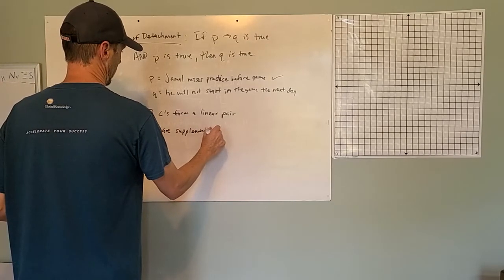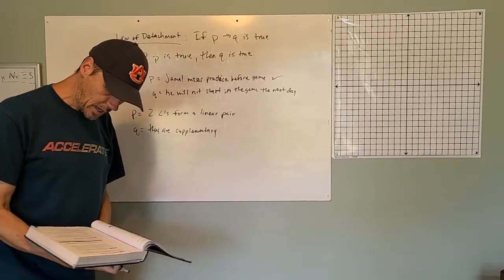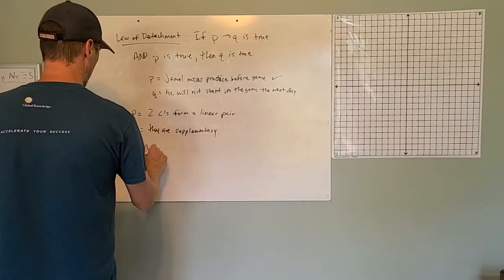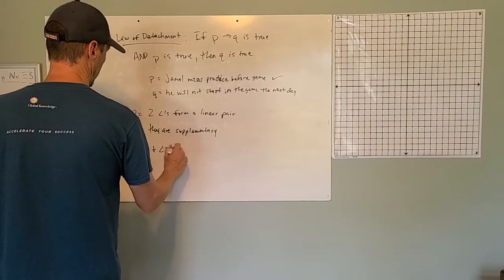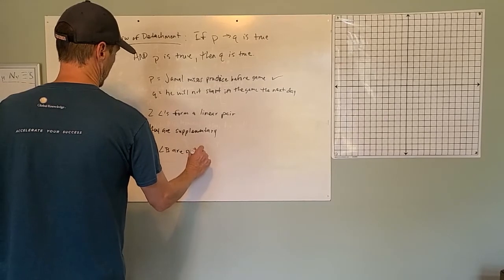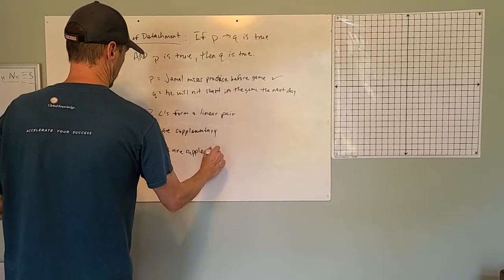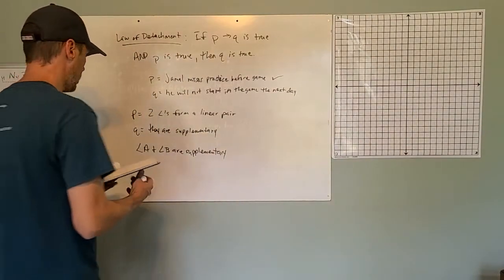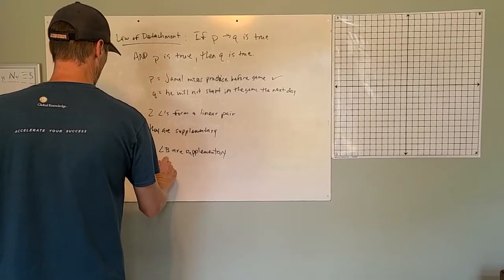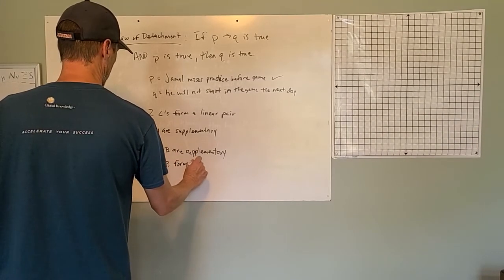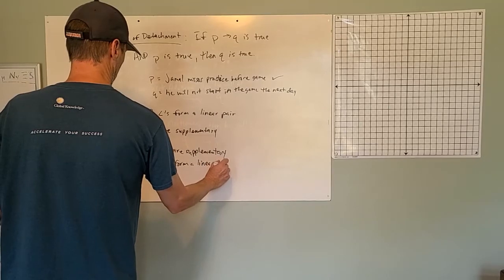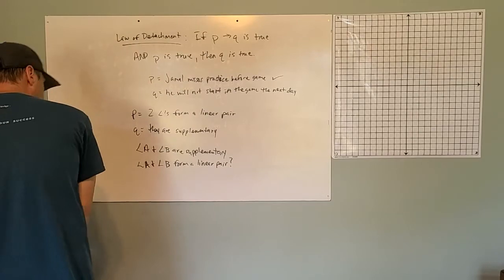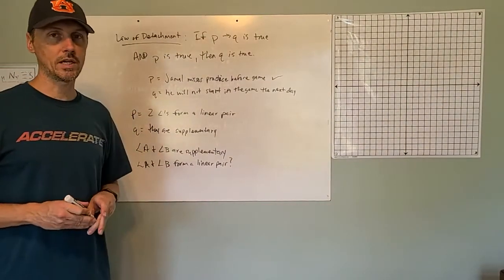Now, they tell us next that angle A and angle B are supplementary. Is it true then that we could say angle A and angle B form a linear pair? Is that a proper use of the law of detachment?